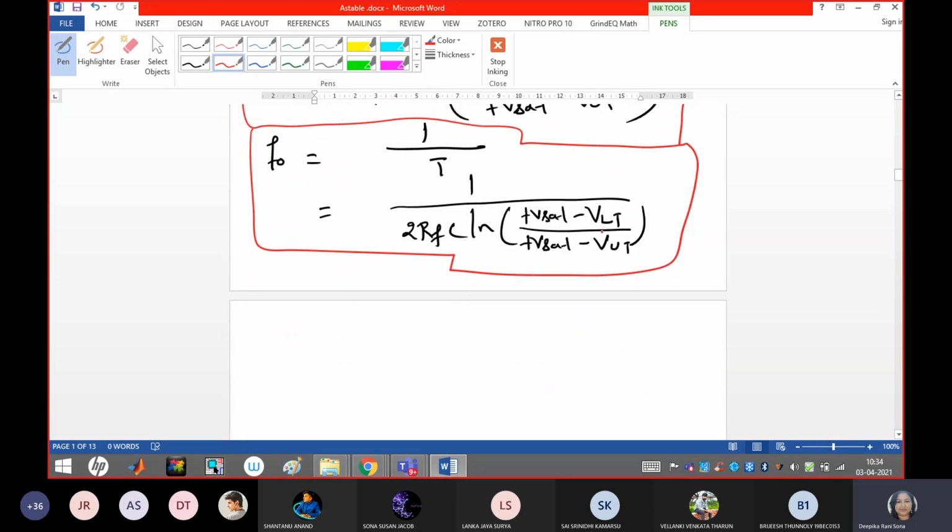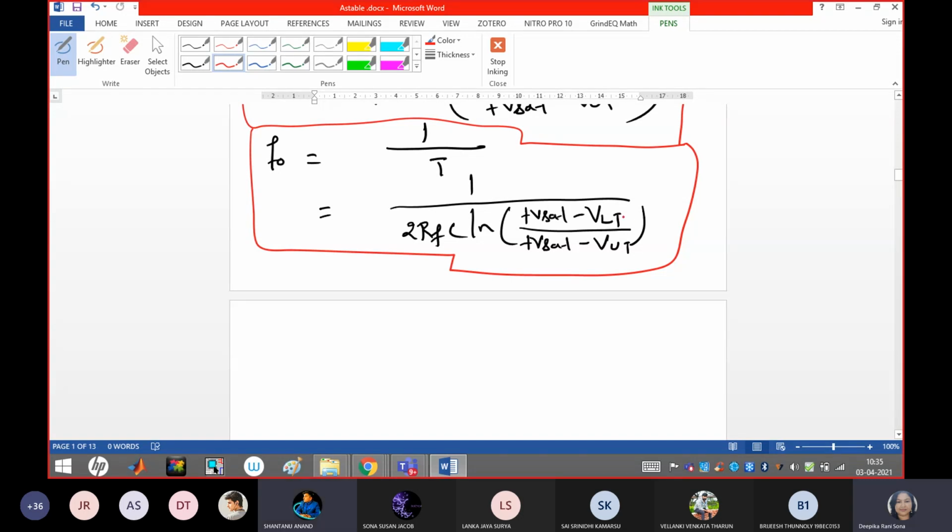Guys, still it is in the form of UT and LT, no, but in the exam the data will be given. Find out the frequency of oscillation and time period of the astable multivibrator. If R1 and R2 are given, then what should be the equation? How do you solve that part? What I need to do?